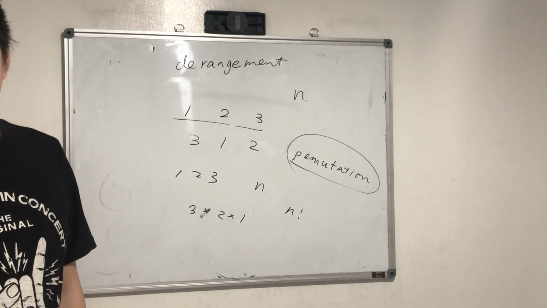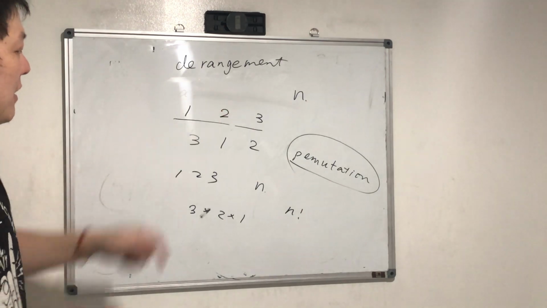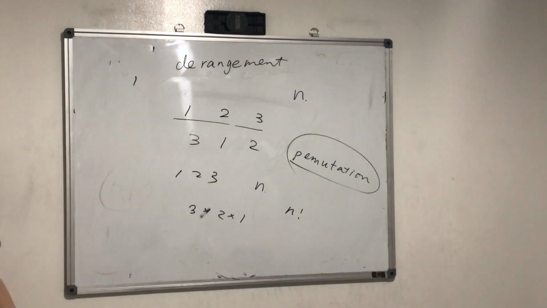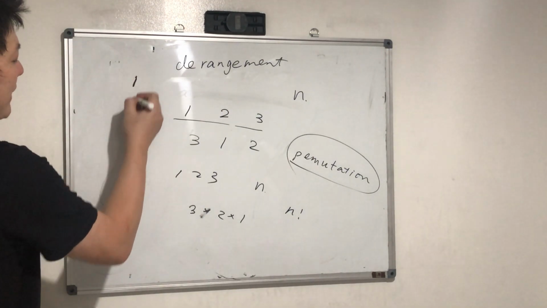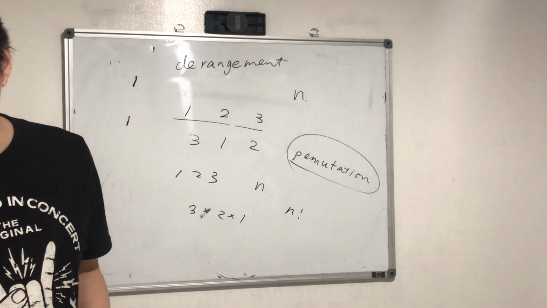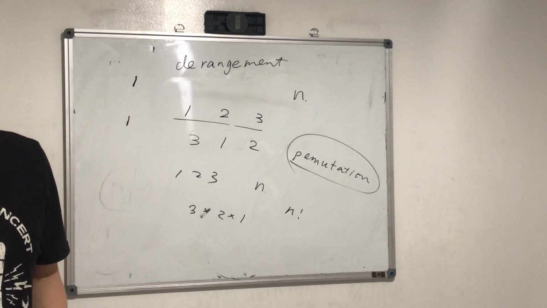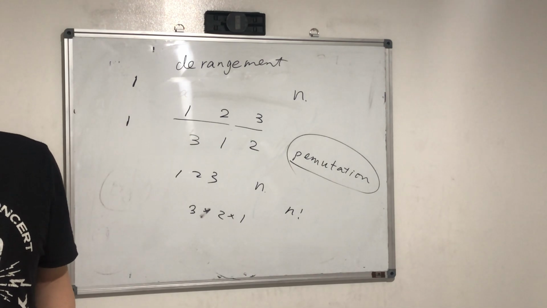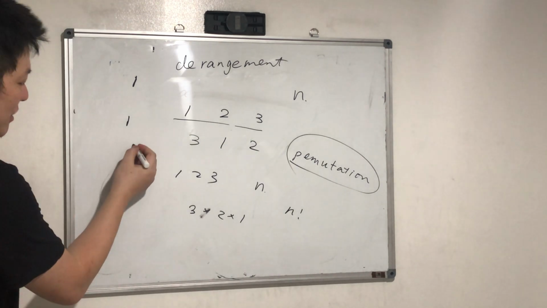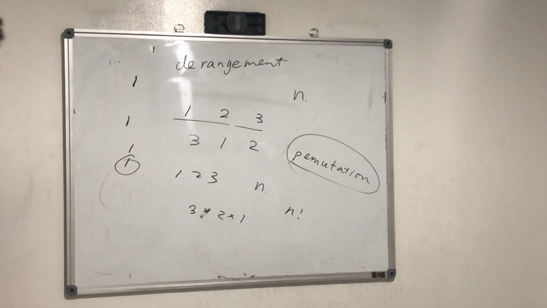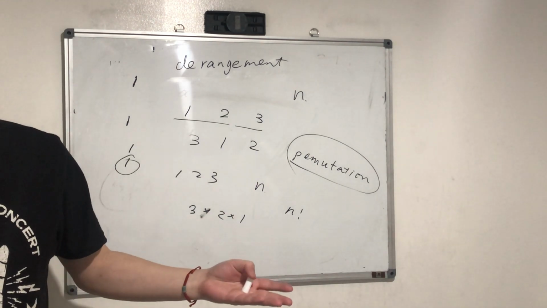For example, given one number, how many different derangement sequences? It's just one number, 1. No, 0, because 1 is in its place, so it can't be.